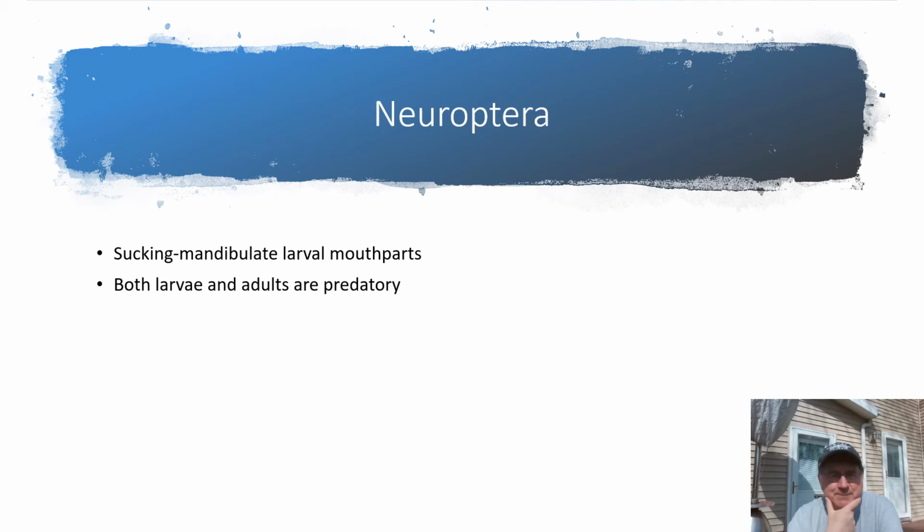But these mouth parts in the larvae are modified to take in fluids. Actually, the Neuroptera are characterized generally by extracellular digestion. That is, they emit digestive enzymes into whatever they're eating, because they're all predatory, and then they suck up the juices back through these modified mouth parts. Let me show you what I mean by this.